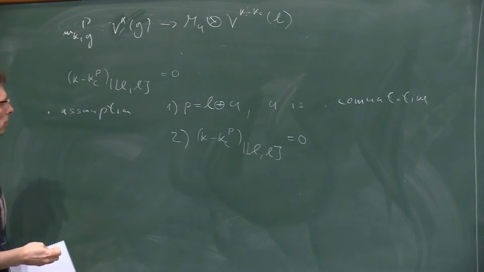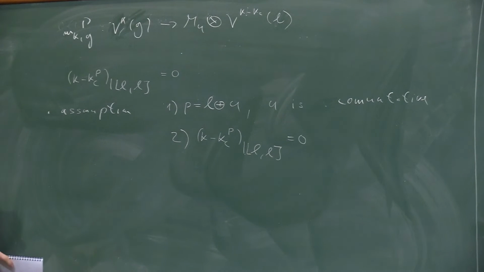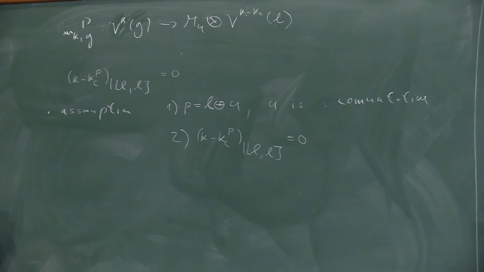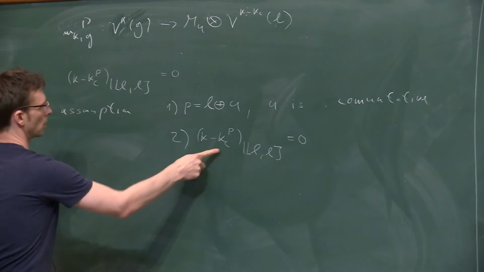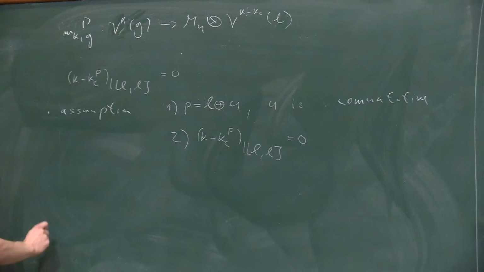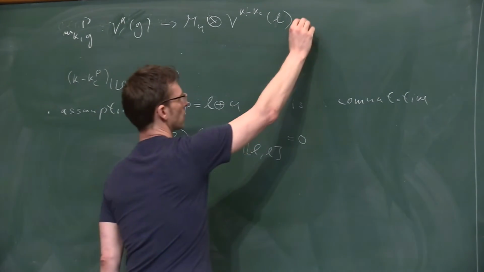Of course, it's not always possible. If I choose some parabolic subalgebra, sometimes it's not possible to choose a level in such a way that this is satisfied. But if it is satisfied, then I can construct a mapping.